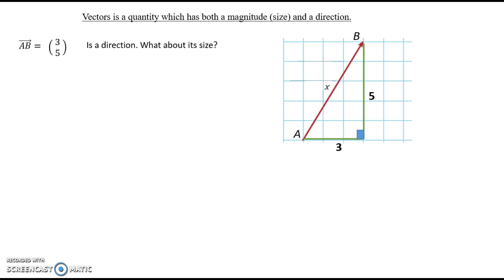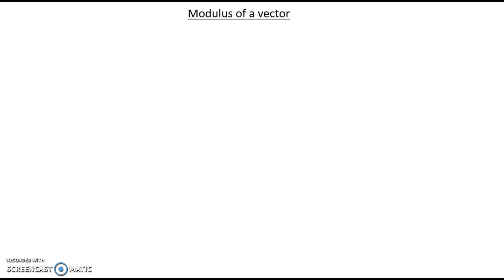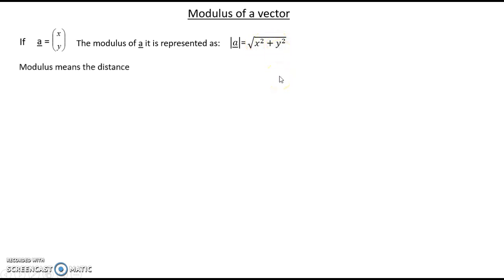By using Pythagoras theorem, we can find the distance of the vector AB. So x is the square root of 3 squared plus 5 squared. And this will be referred to as the modulus of a vector. So if a vector is given by (x, y), the modulus, therefore the distance of the vector, is represented by Pythagoras theorem, the square root of x squared plus y squared. Modulus means the distance, the length of a vector.